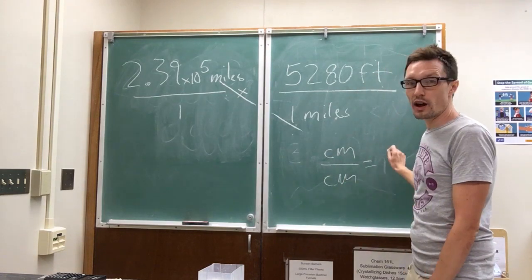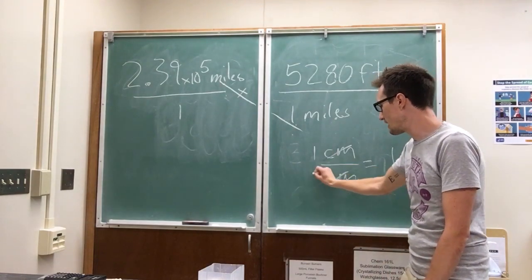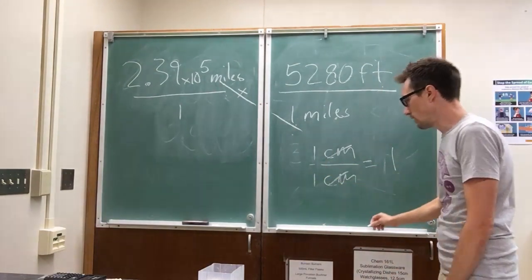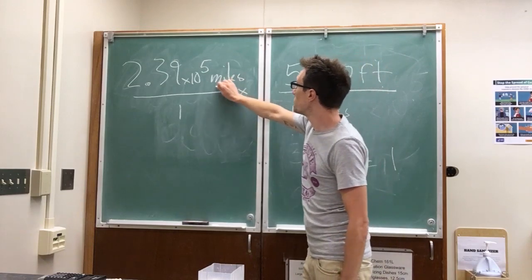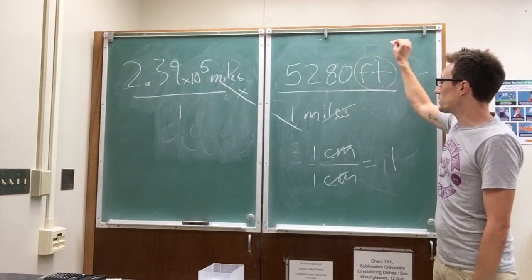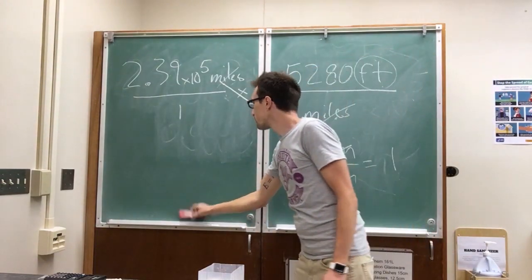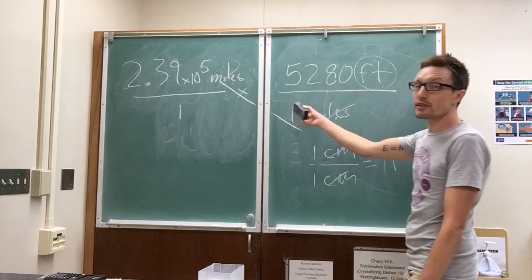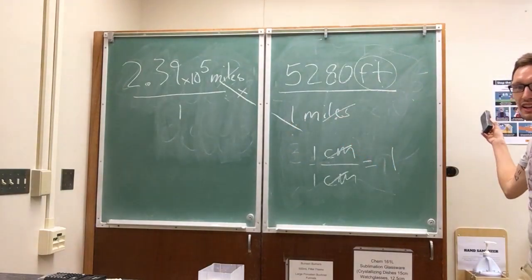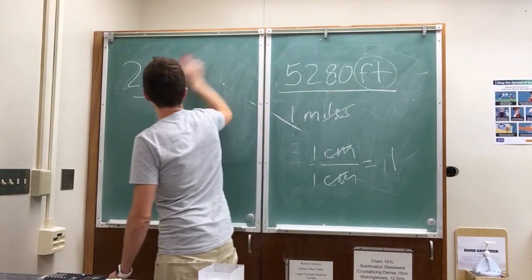Well, it equals 1 because centimeters cancel out. And well, they both had a leading invisible 1. 1 divided by 1 is 1. So with that said, the miles cancel out. Now we're talking about feet. We're in feet land. Okay. So again, pretend this calculation is continuing this way, but really I'm going to write the next part on this side of the board.